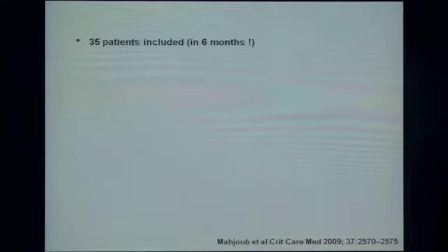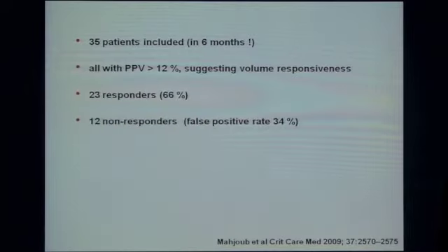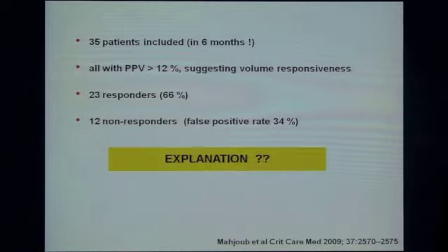The investigators had altogether 35 patients in 6 months, which from my practice would be a very, very small number. But anyway, they looked at the physiology in these patients, and they saw that there was a big false positive rate of this pulse pressure variability, and the explanation is actually clear if you go back to the old physiology.